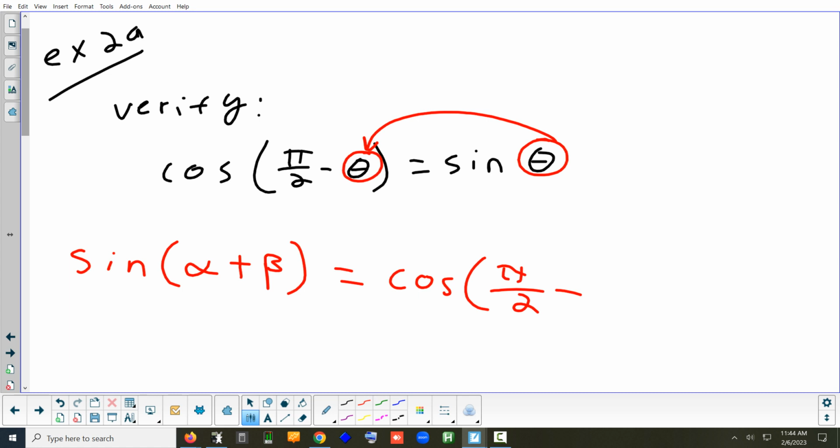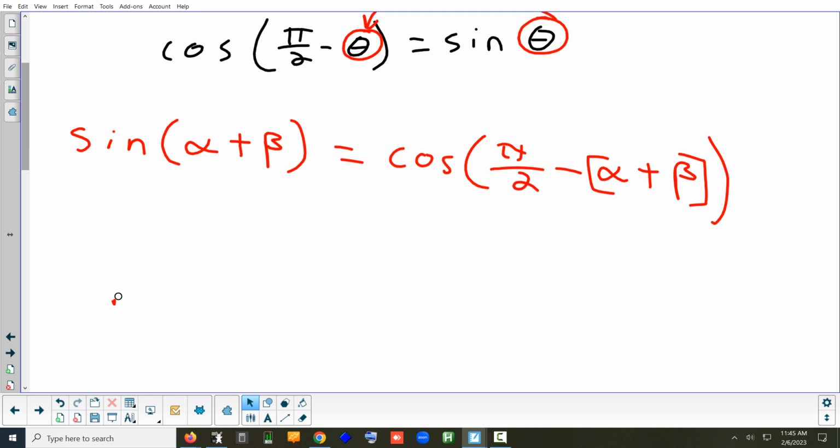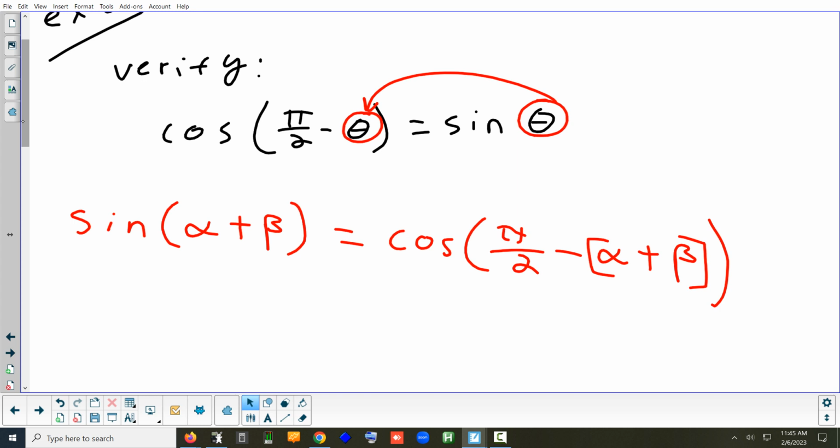So what do we have right here in our problem? Alpha plus beta. Just be careful when you write that. Any questions on why I substituted in alpha plus beta right there?